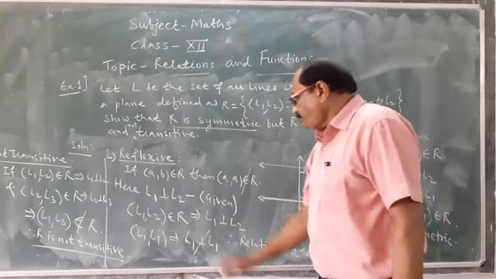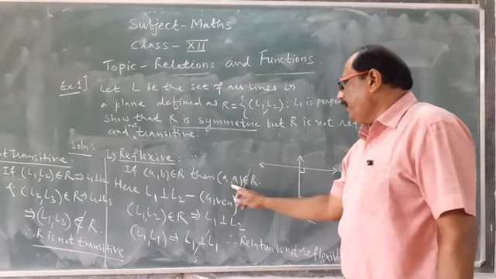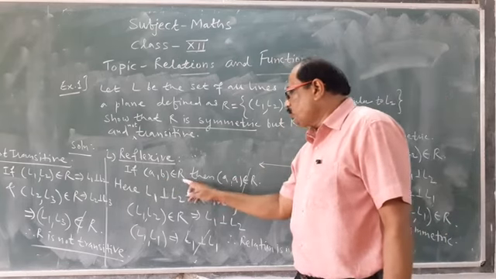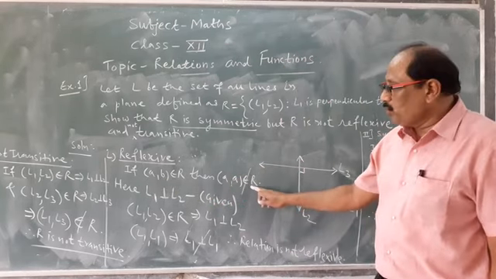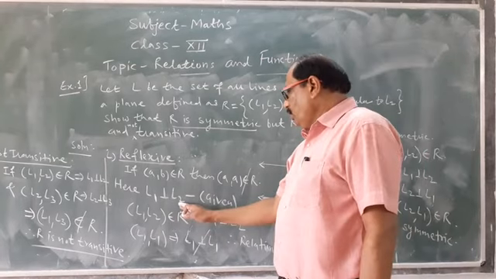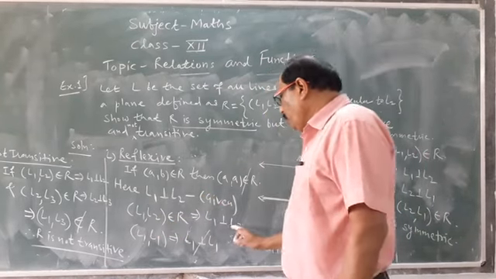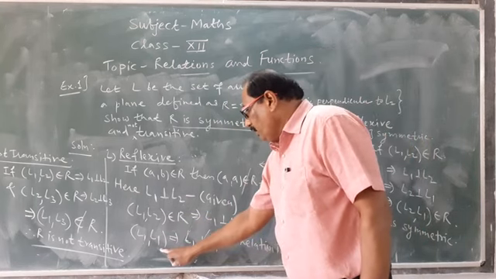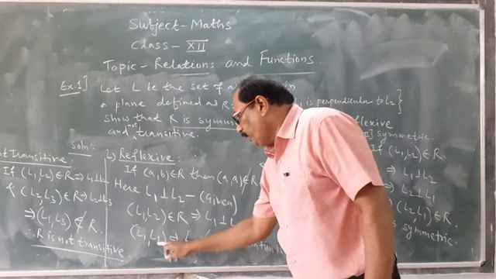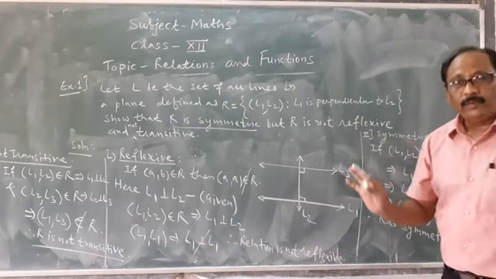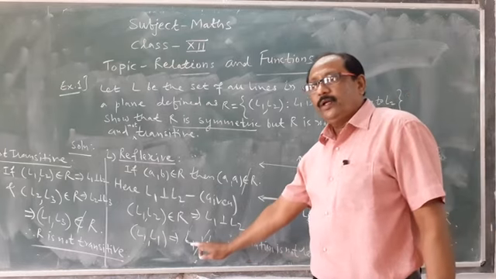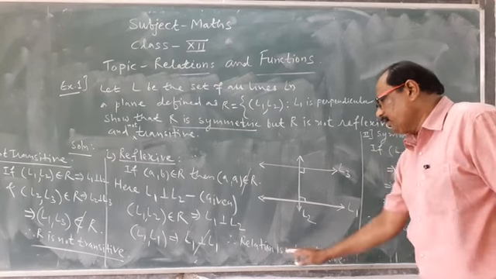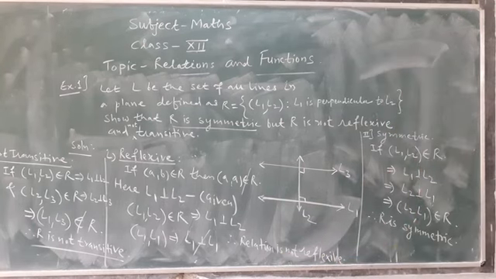Not reflexive means if (A, B) belongs to R, then (A, A) does not belong to R. Here (L1, L2) belongs to R means L1 should be perpendicular to L2, but (L1, L1) belonging to R means L1 should be perpendicular to L1. It is never possible. The line itself is not perpendicular to itself. Therefore the relation is not reflexive.